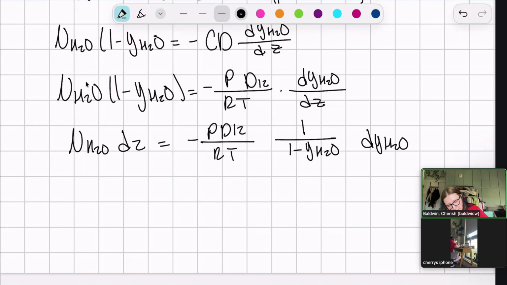Now we're going to integrate 1 to 0, and this is constant.